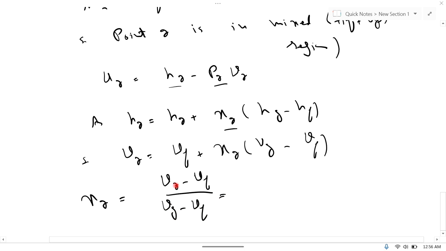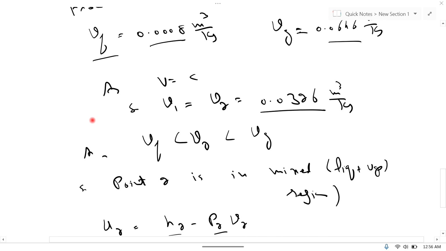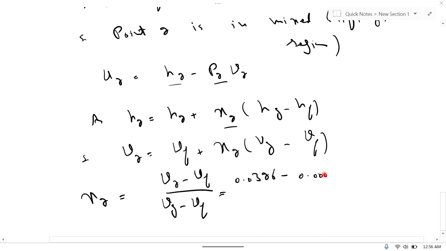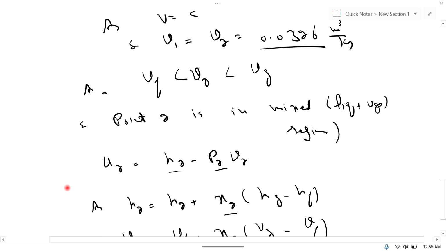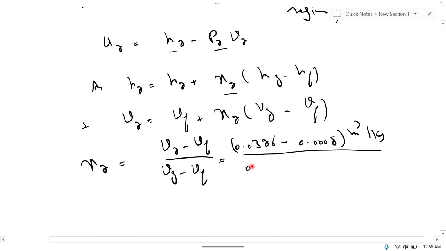So X2 is equal to 0.0326 minus Vf, which is 0.0008 meter cube per kg, divided by Vg, which is 0.0646 minus 0.0008 meter cube per kg.